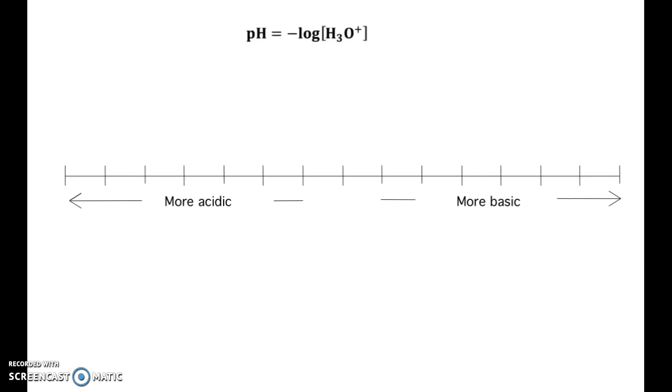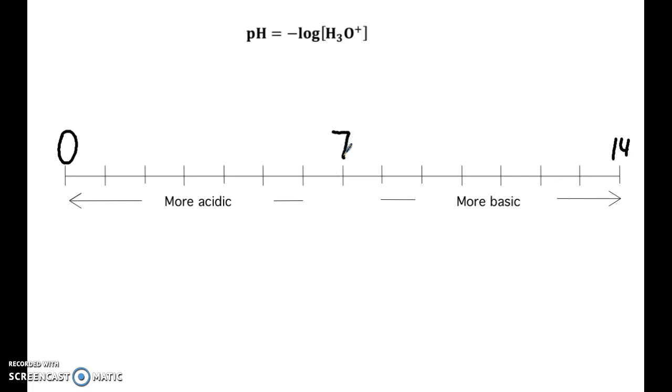This is the pH scale, and the lowest number is 0. At the highest end of the scale that we normally use is 14. Now, halfway in between would be 7.